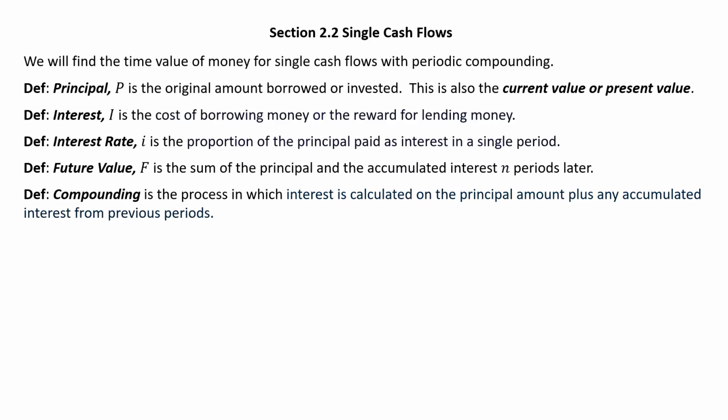Compounding. What is this process of compounding? It's a process in which interest is calculated on the principal plus any accumulated interest. Okay, keep that in mind, and I will illustrate that with a nice, wonderful example in just a second.